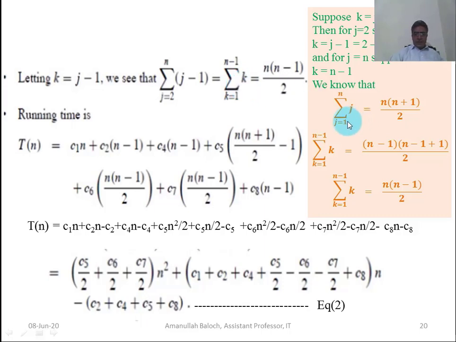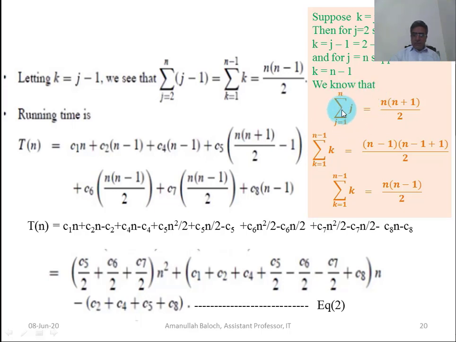Now look here. This is the arithmetic series: sigma j is equal to 1 to n, j is equal to n into n plus 1 divided by 2. And our scenario is k is equal to 1 to n minus 1. So in our scenario, the last value of k will be n minus 1. In the series, k starts from 1 and ends at n minus 1, while j starts from 1 and ends at n.